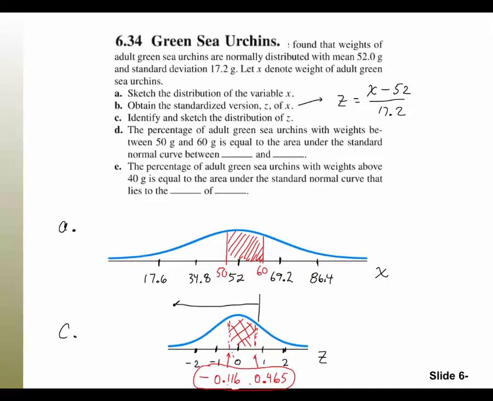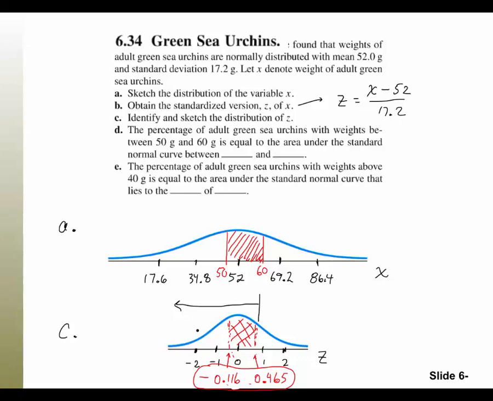Since that z-score is positive, you're going to look on the right chart. Notice, look up at the picture above. You see that it's showing a z-score to the left of 0, to the right of 0, greater than 0, and you're going to get the area to the left.